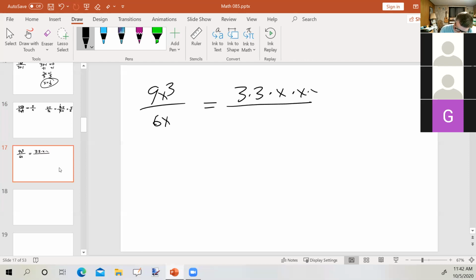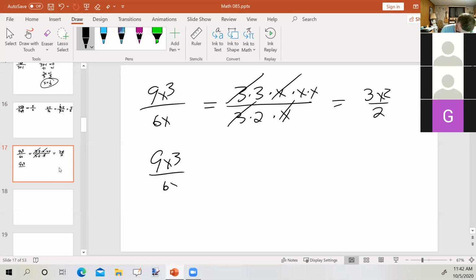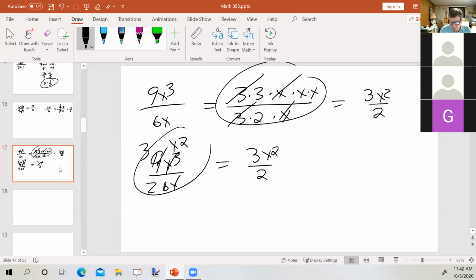We don't have to do it this way, but you're taking out a 3x, so you're going to get 3x squared over 2. Or you could just do it like this and say, well, 9 over 6 is 3 over 2. X cubed over x is x squared, so I've got 3x squared over 2. Long way, short way, either way.